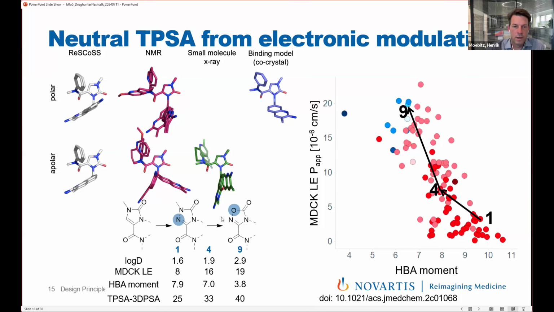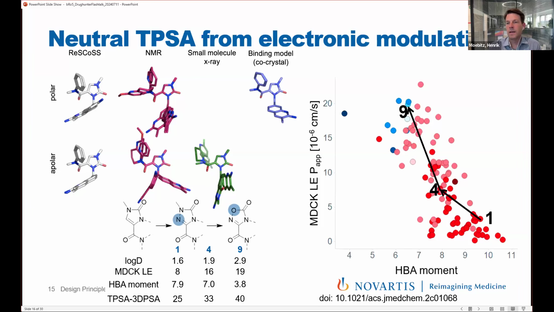So one nitrogen change from 1 to 4 increases logD, increases permeability, reduces the hydrogen bond acceptor moment, and introducing an additional oxygen atom further increases lipophilicity, permeability, and reduces the hydrogen bond acceptor moment. And all of these changes correlate with an increase in neutral TPSA. So this is clearly an example where an electronic modulation of acceptor strength is the root cause for this.